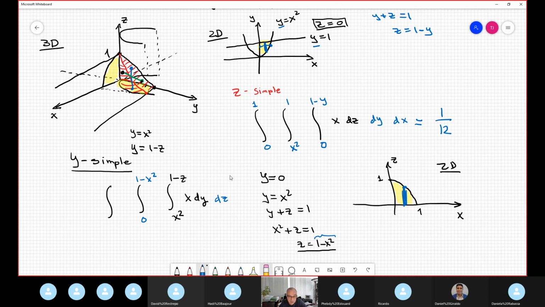And finally, dx, you extend this and this in both directions from 0 to 1. And this is another way to set up the same integral, and the answer, of course, is exactly the same. This is the beauty of mathematics.